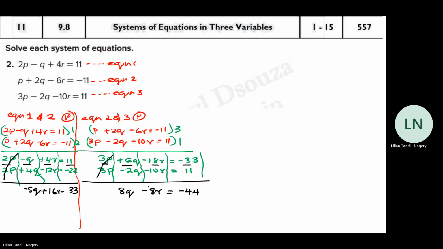So I'm going to use these two equations to eliminate Q. So now I have negative 5Q plus 16R equals 33. I have 8Q minus 8R equals negative 44.